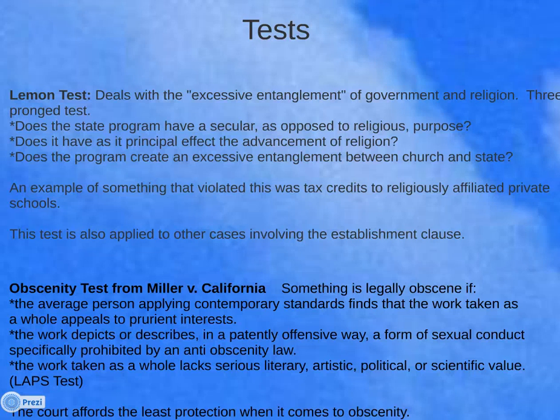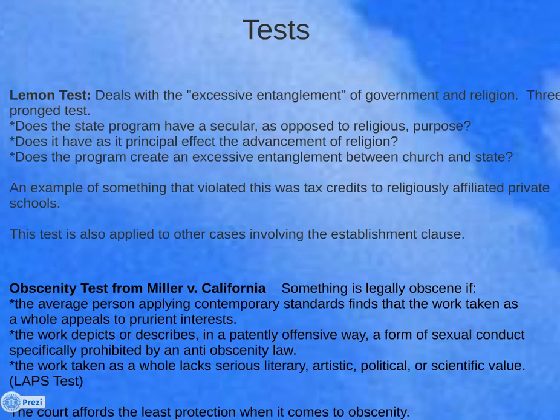All right, so let's look at the obscenity test that was established in Miller versus California. Also a three-pronged test. Something is determined to be legally obscene if the average person applying contemporary standards finds that the work taken as a whole appeals to prurient interests, and that is, tends to excite unwholesome sexual desire.